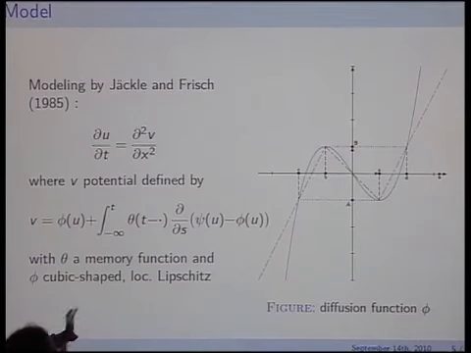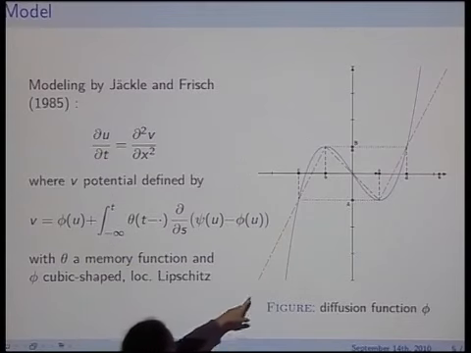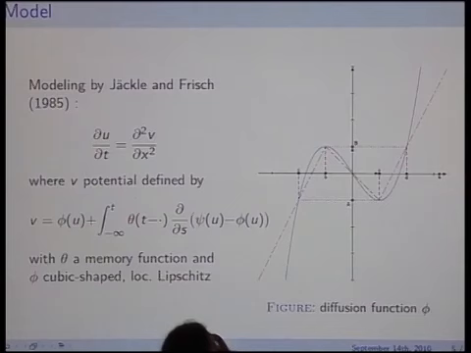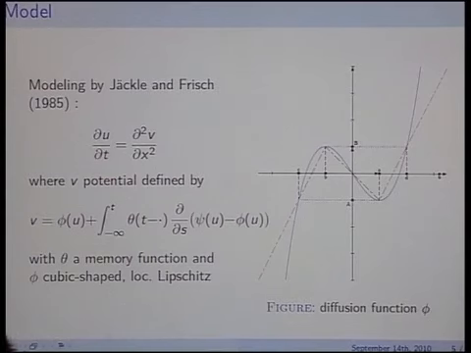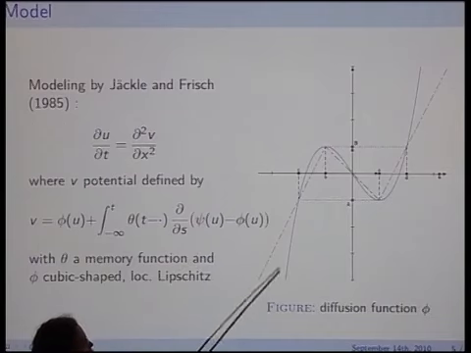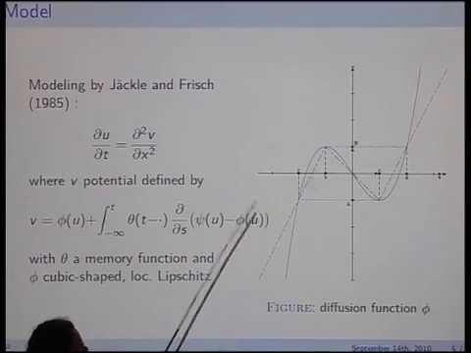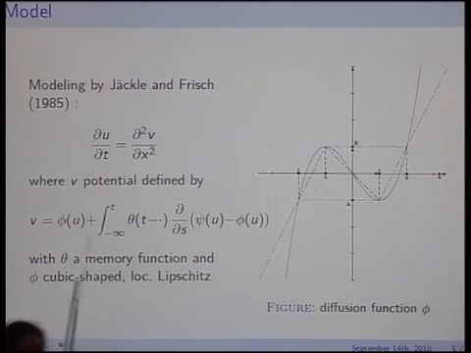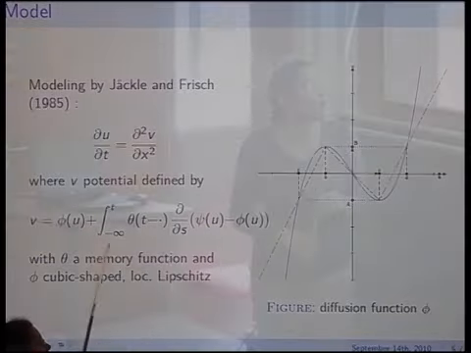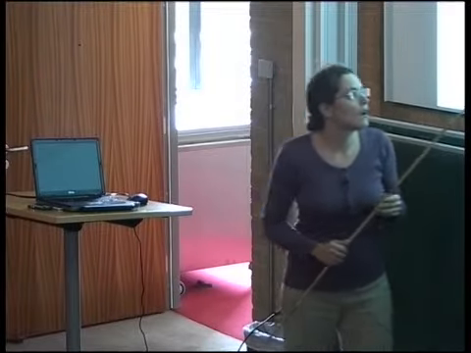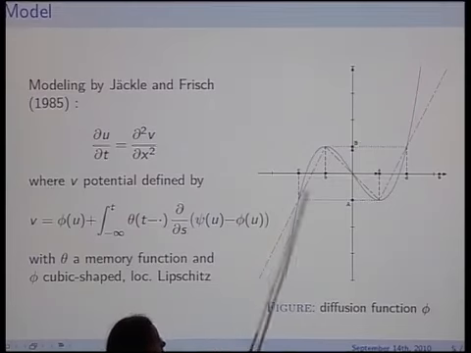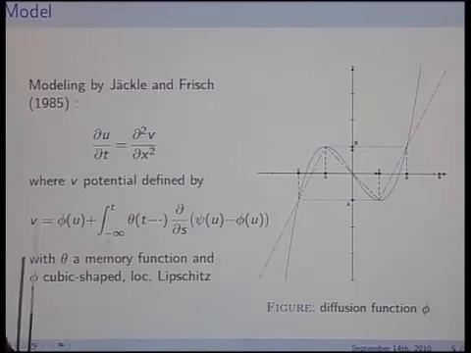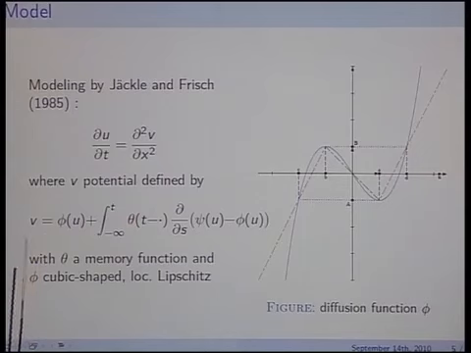Okay, so the function we have in mind for phi is this cubic shaped function. The cubic shape is very complicated to take a grasp of, so what I will be presenting is this piecewise linear shaped diffusion function.